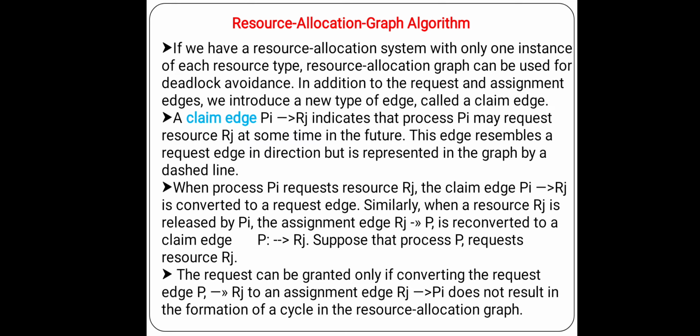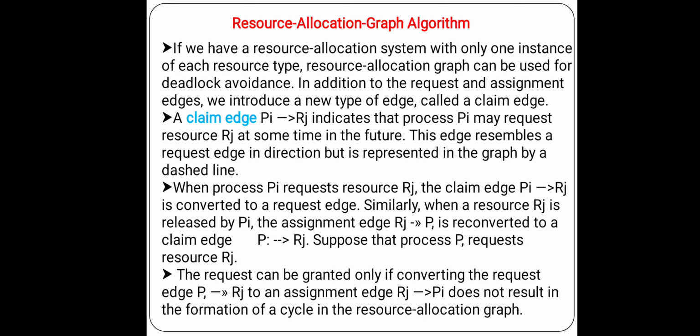In addition to the request and assignment edges, we introduce a new type of edge called claim edge. Before, we saw two types of edges. If the edge goes from P to R, the process is requesting the resource.